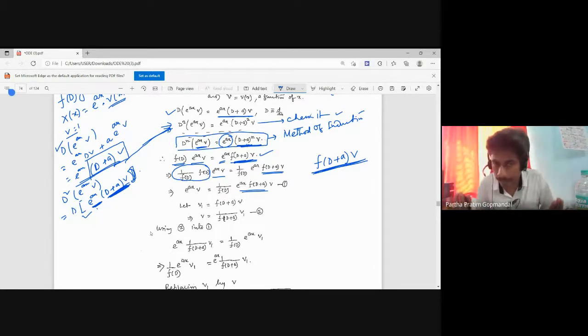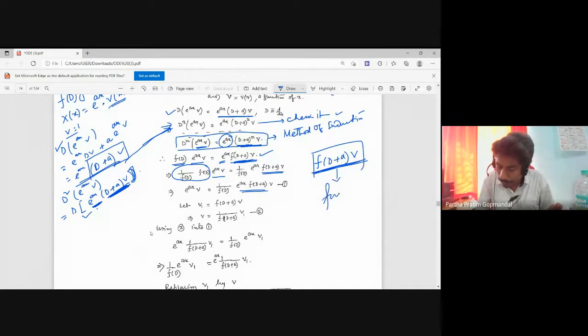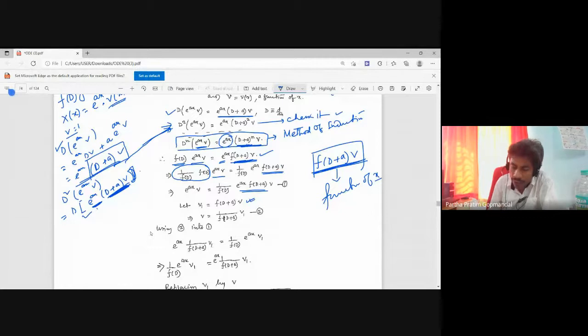So generally, this will be a function of x only, and we are considering that function as v1. Then you can write v in terms of v1: v will be 1 by f(D+a) operated on v1. Just substitute 2 into 1 to get the answer.